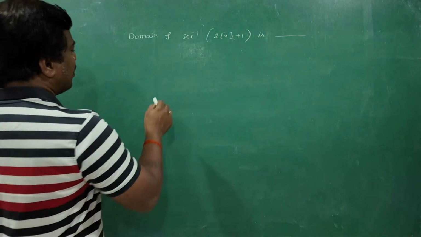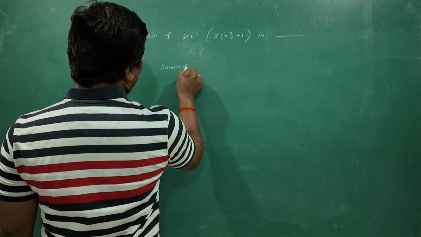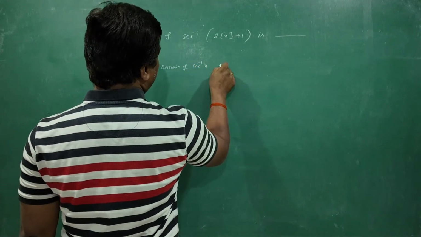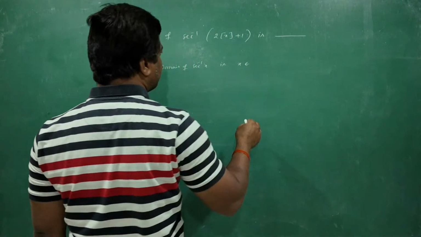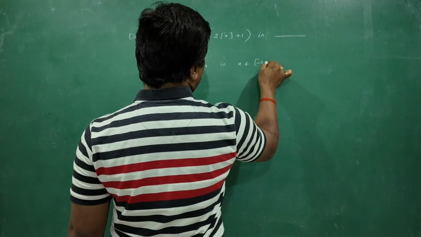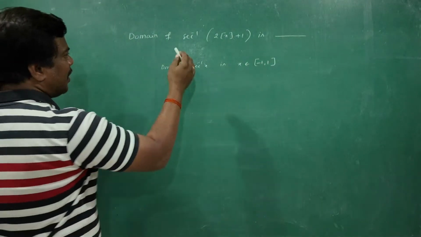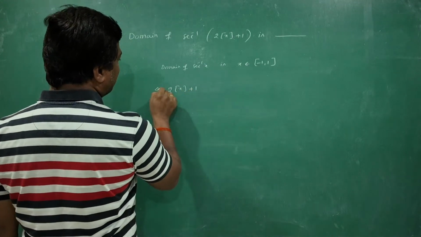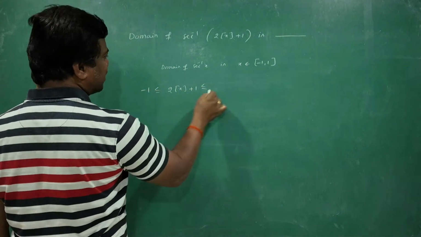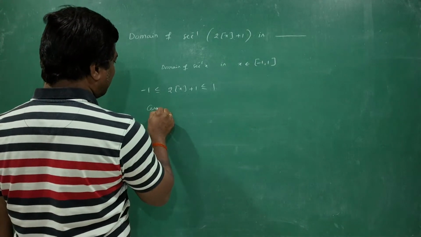We know that domain of secant inverse of x is x belongs to R minus the open interval minus 1 to 1. Okay. So here 2 times of step x plus 1 is not in between minus 1 and 1. So two cases you have to write.